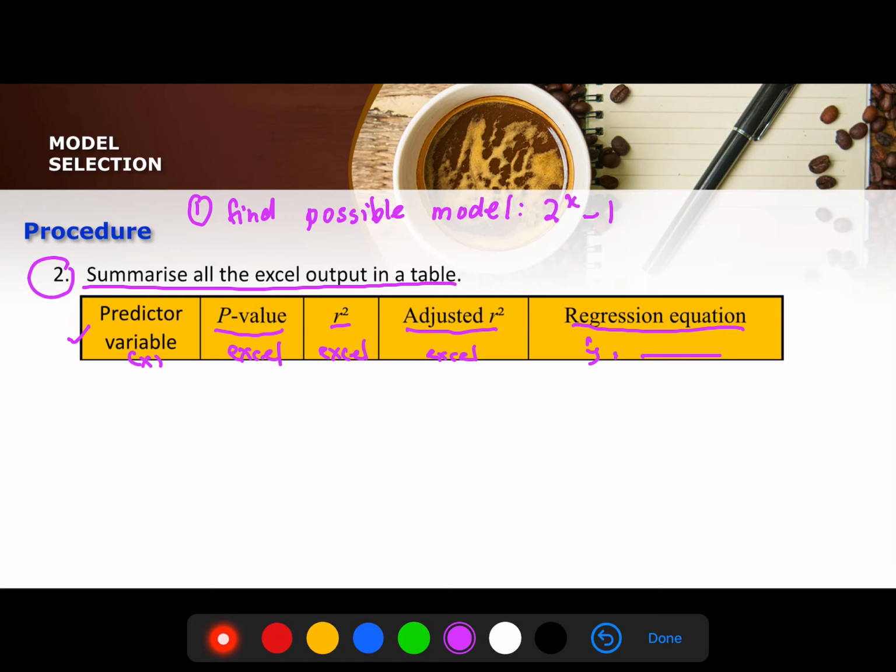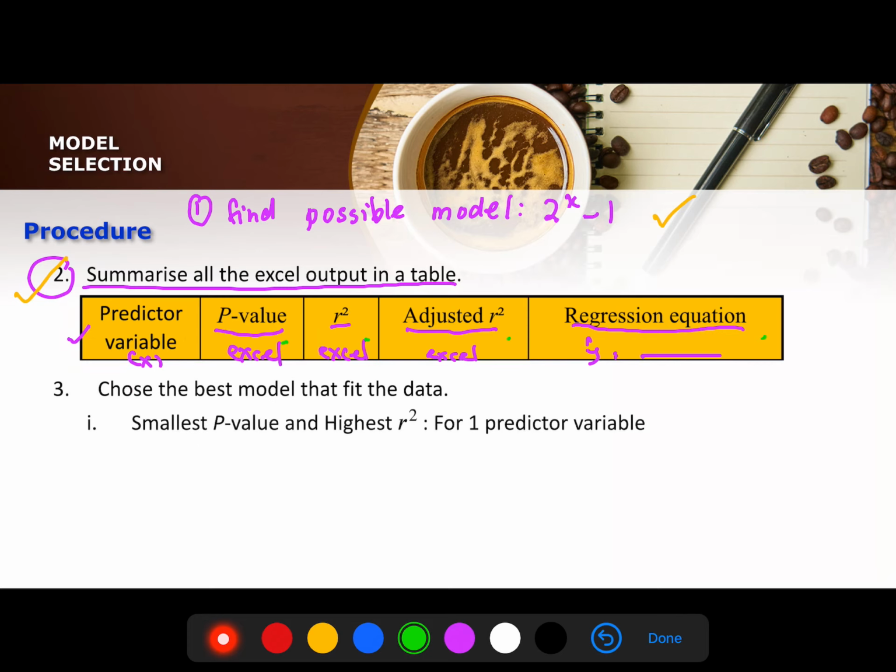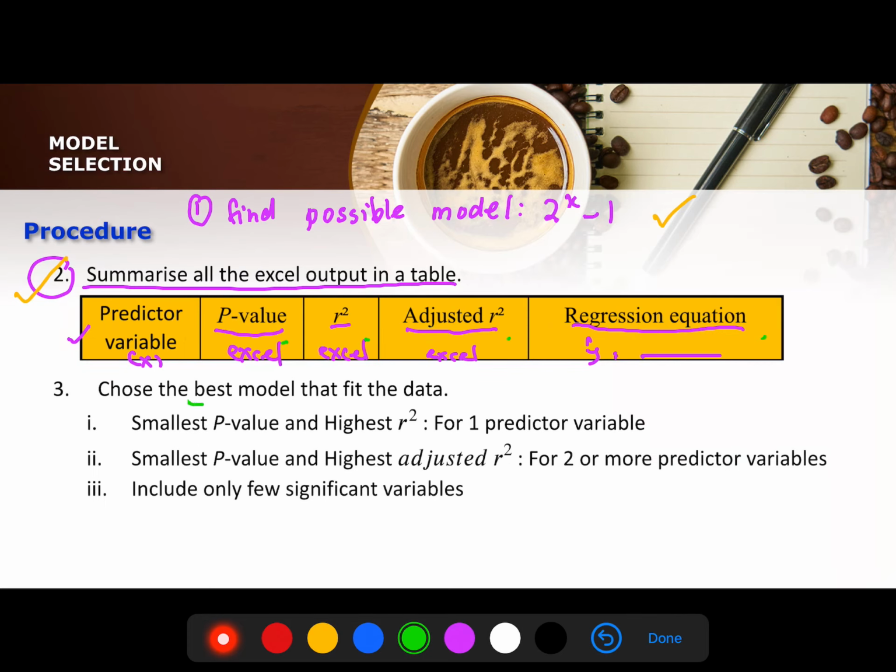So I repeat again: first step, you need to find your possible models. After that, you summarize all the possible models in a table with these columns: predictor variable, p-value, r square, adjusted r square, and regression equation. And step number 3, we choose the best model. How do we choose the best model?